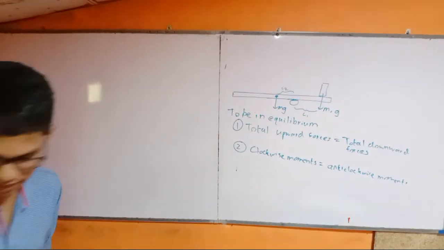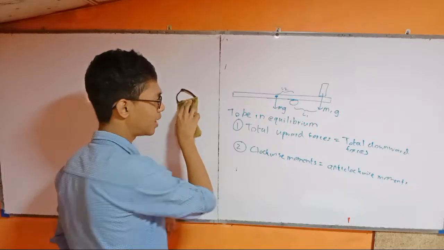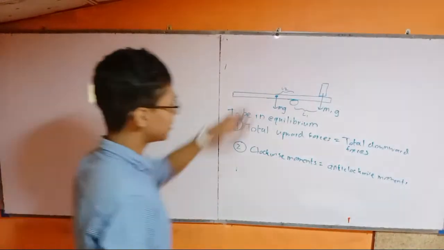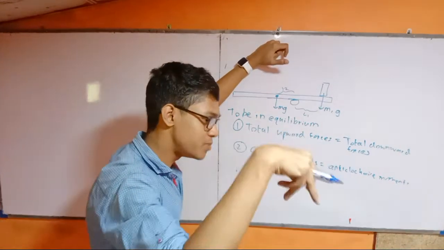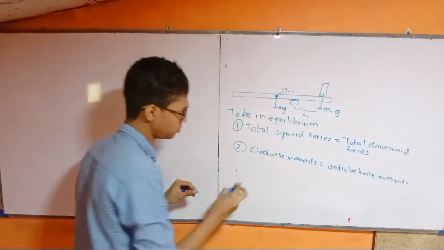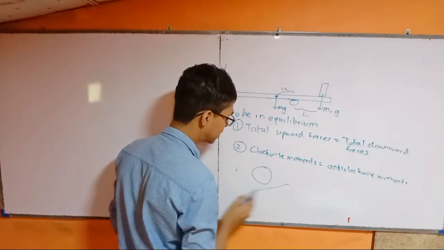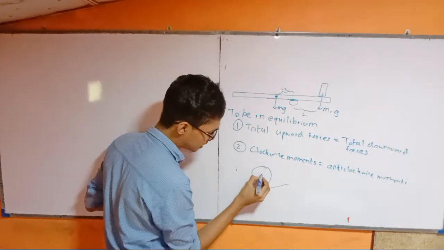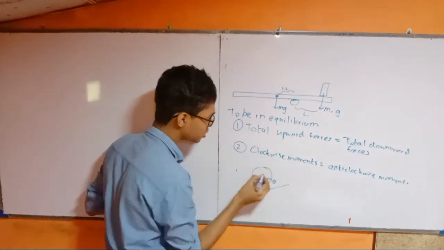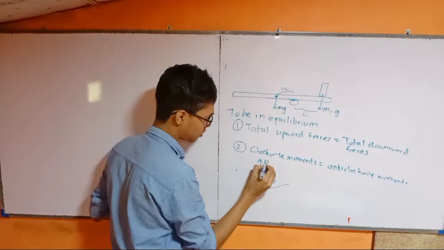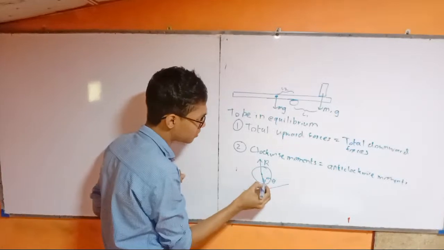Now, what did I say? Then I'll erase this. Total upward force: reaction force. This is the object, and let's say this is the table. mg is downwards, and the table gives a reaction force upwards.